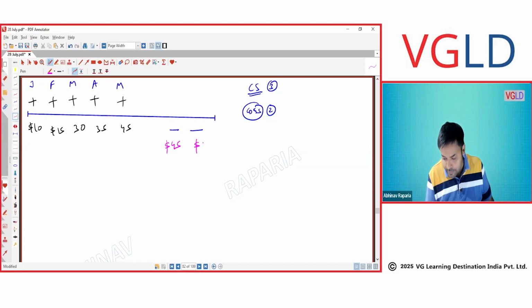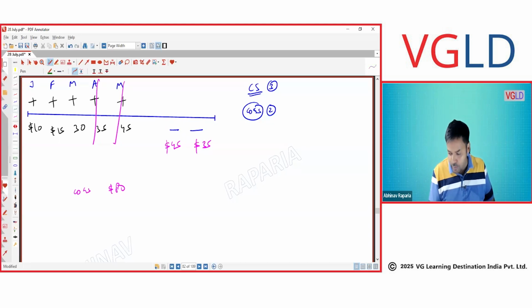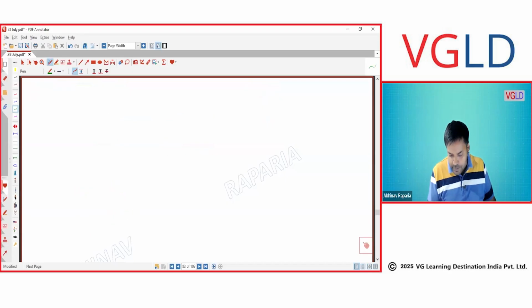So what is my cost of goods sold? The items which I've sold, what is the cost of that? $80. Is that okay? So this is gone. What is my closing stock? $55.